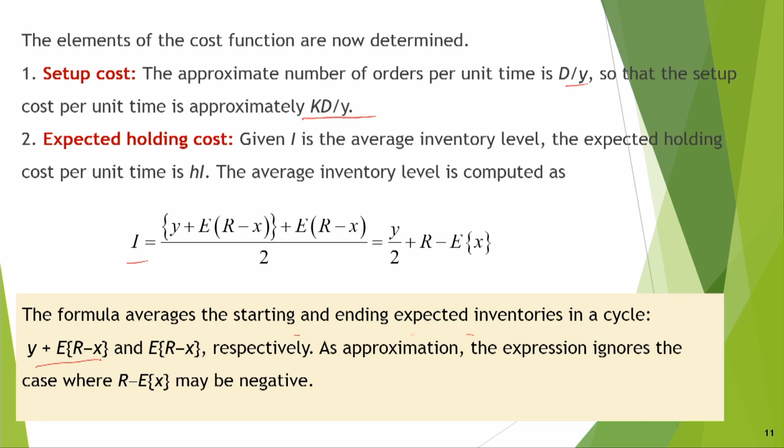In the beginning we have Y, because Y amount comes, plus E(R minus X), since there may be some backlog. At the end it is E(R minus X). R is the reorder point, divided by 2.